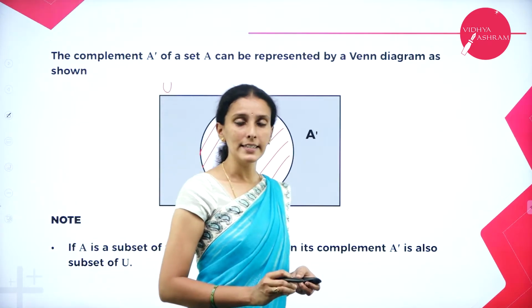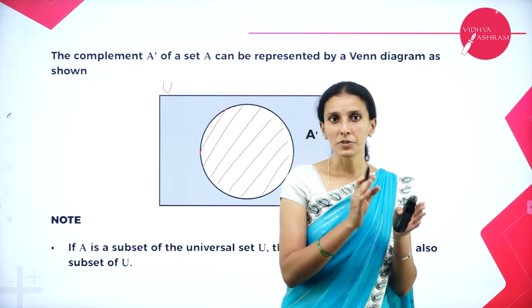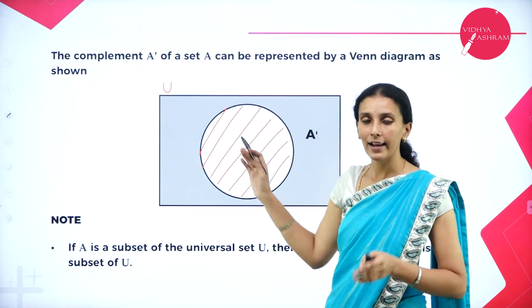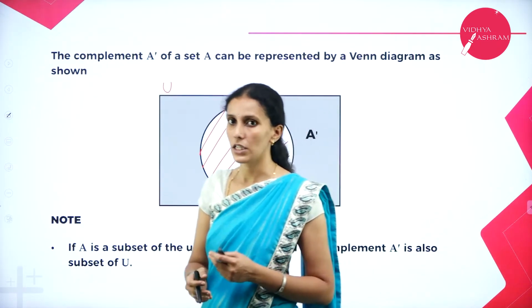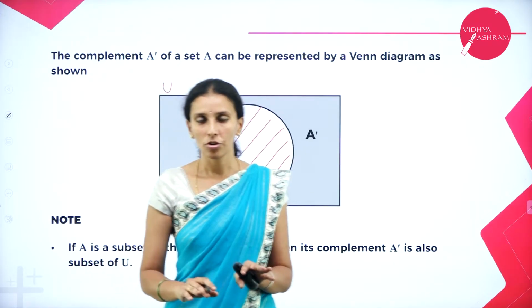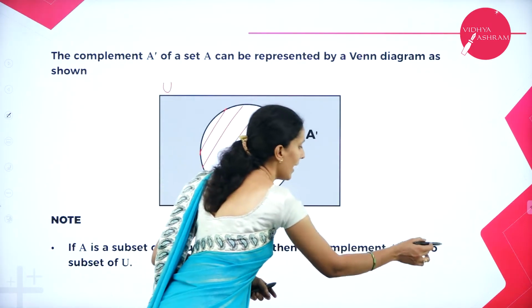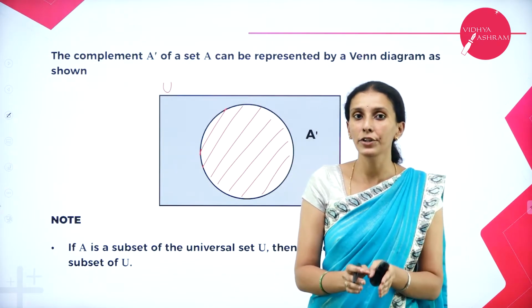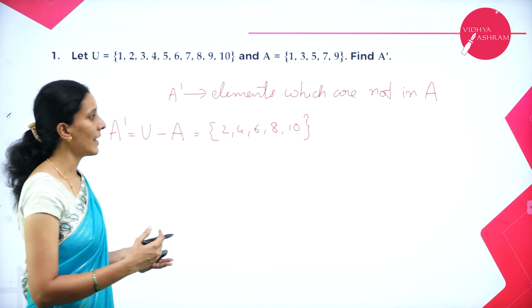And one more thing is that if A is a subset of U, any circle written inside the rectangle is nothing but a subset of the universal set. If A is a subset of U, then A dash is also a subset of U because it is contained in U. You can take this as an example.